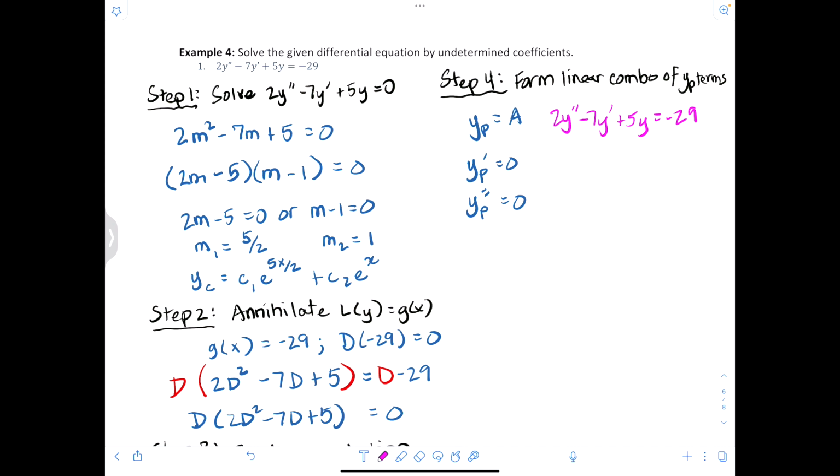So we would have 2 times 0 minus 7 times 0 plus 5 times a is negative 29, which gives us 5a is negative 29. We equate the 5a to the constant term.